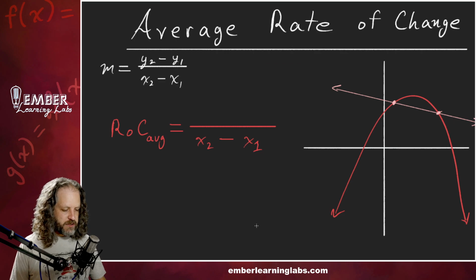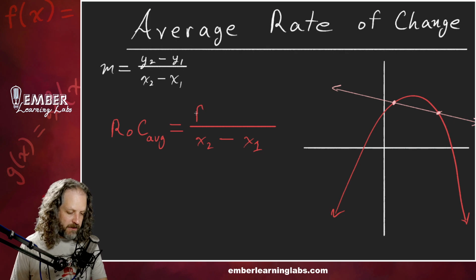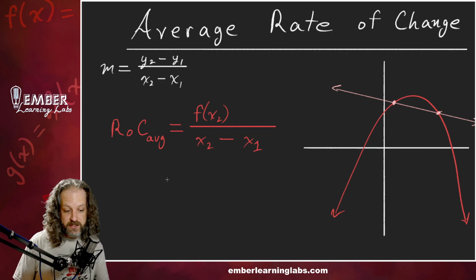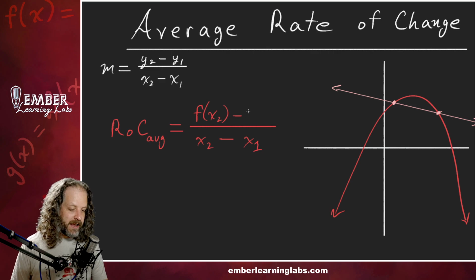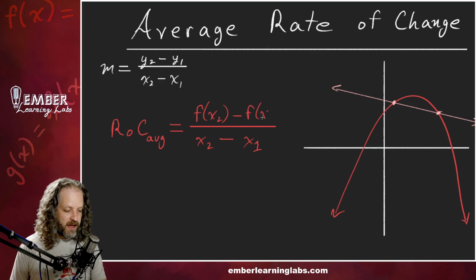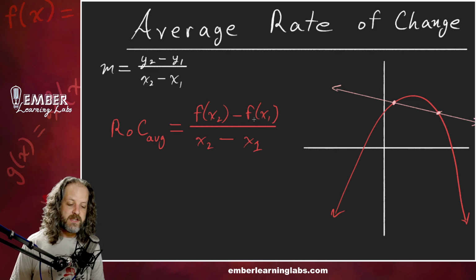So instead of just being y2 minus y1, it's f of x2, the y that corresponds to x2, which is the same thing. We just have to take the function into account, so we do a little more math to get there, minus f of x1. Again, it's the same thing because y is the same as f of x. It's just a different notation that gives us more detail.